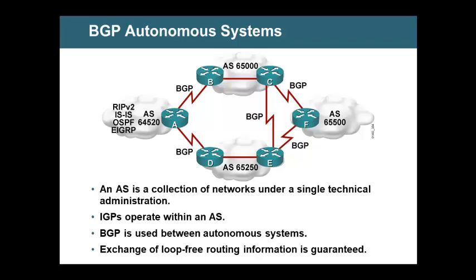Next, what is an IGP protocol? What is OSPF? An IGP example is OSPF, right? IGP is a routing protocol that operates within an autonomous system. So we have a picture here which explains that.